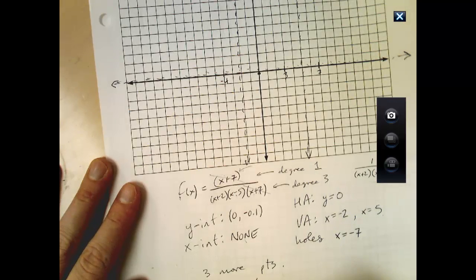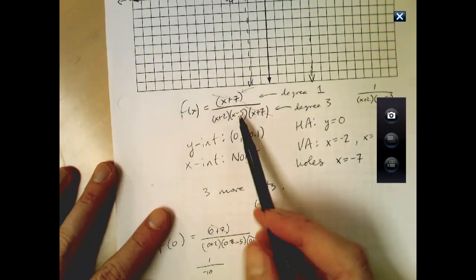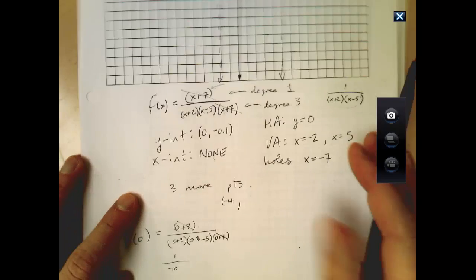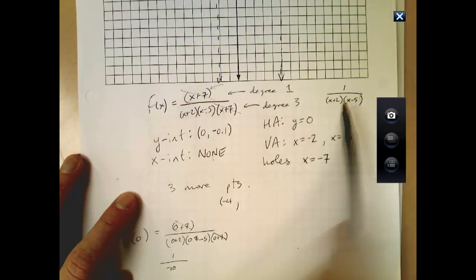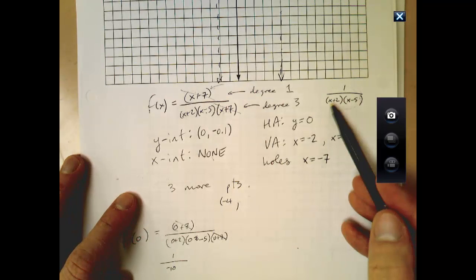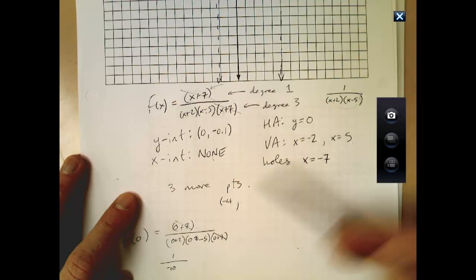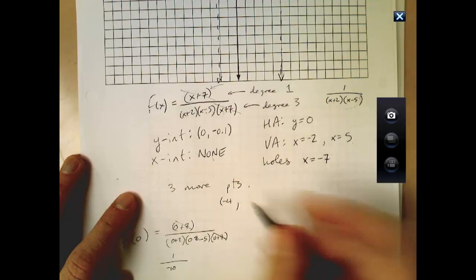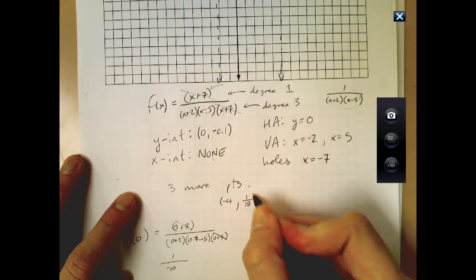So I'm going to say -4 goes in, and I'll substitute that. I could substitute it into here, but I might as well sub it into here because that's going to give me the same result because these divide out. So let's say -4 plus 2 is -2, I've got -9, that's 18. So I have 1 divided by 18.